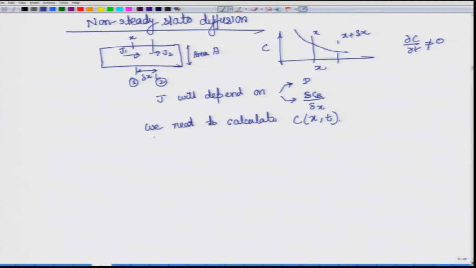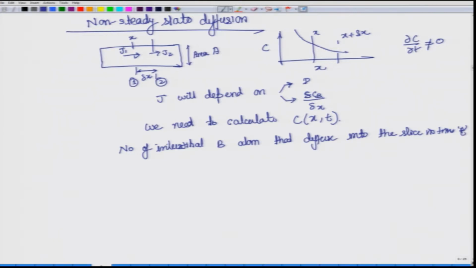So, J1 is per unit area per unit time, and if we are giving it time t and we are talking about this area A, then that gives the number of interstitial atoms that get into the slice.